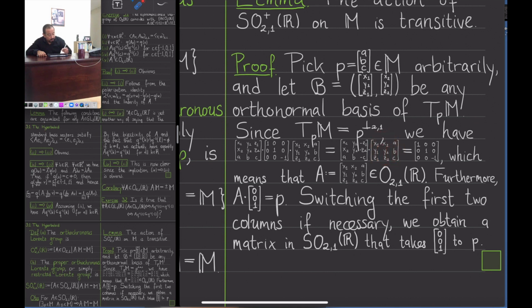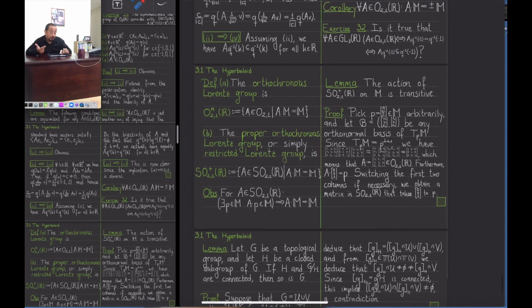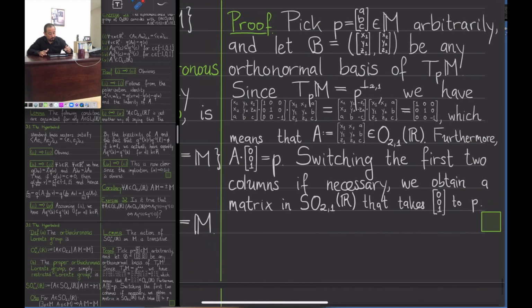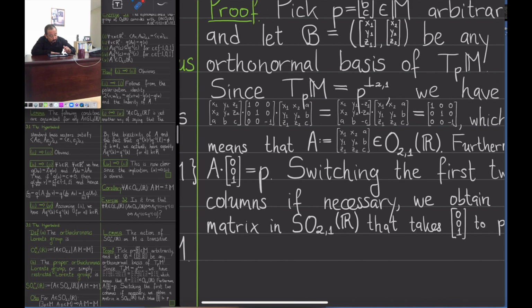So A is in O(2,1), then we know that A automatically has a determinant plus or minus 1. Okay, maybe it's -1, right? But if it's -1, we know what to do because we know that switching columns of a matrix changes the sign of the determinant. And then we just have to be careful which columns we switch.